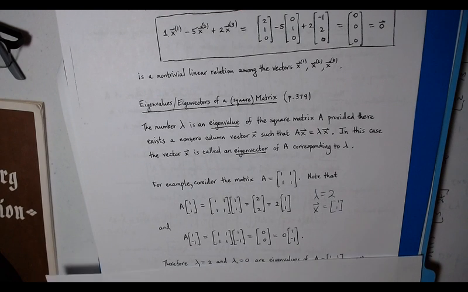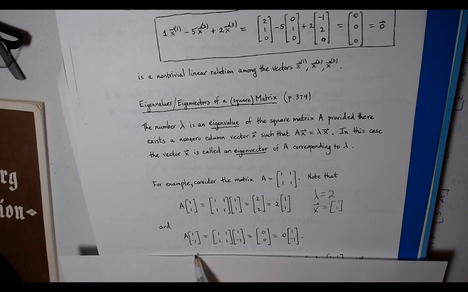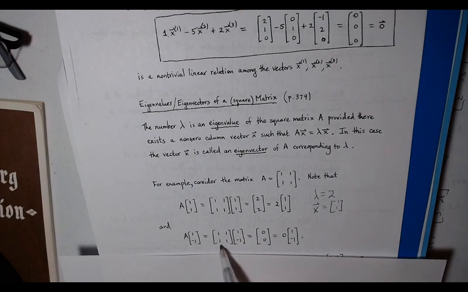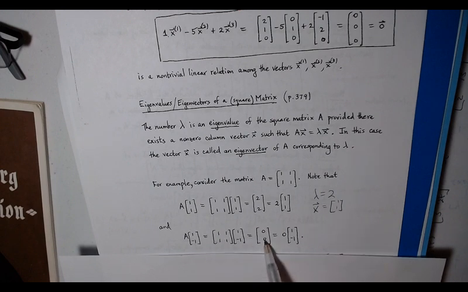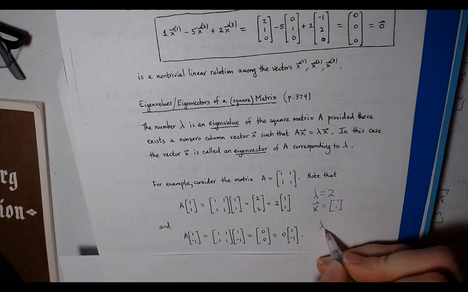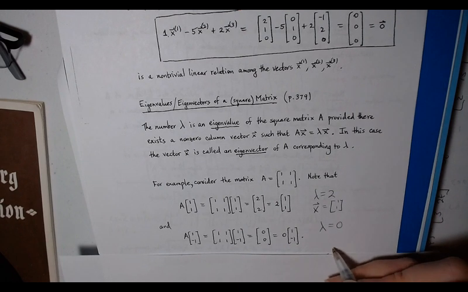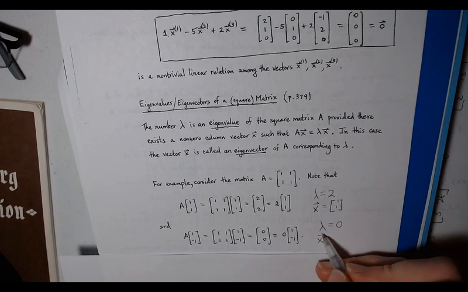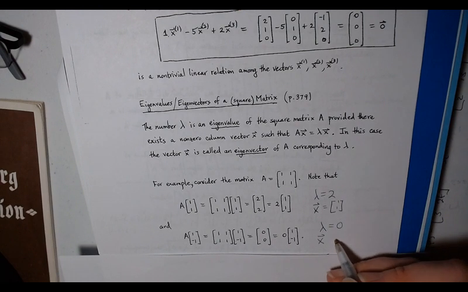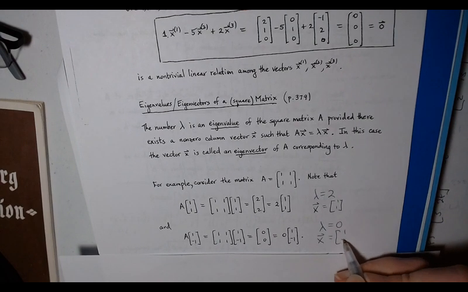But it's not the only one that works. A times (1, negative 1) is the same as the matrix of all ones times (1, negative 1). That's going to give me the vector (0, 0), which is 0 times that eigenvector. So I get an eigenvalue of 0, and an eigenvector that goes with that eigenvalue of (1, negative 1).